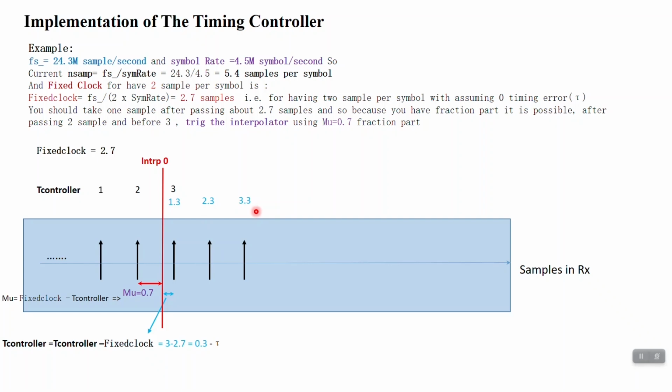So again, 3.3 is greater than the fixed lag. Again, we go back to the previous sample and calculate the mu from this value, and mu is about 0.4. We use this mu value and this window of samples for interpolation, and command the interpolator to interpolate another sample, numbered 1.